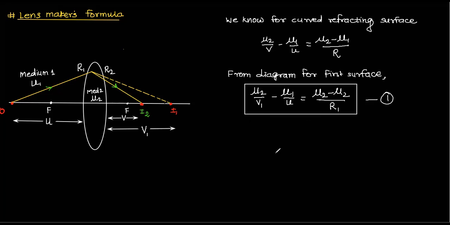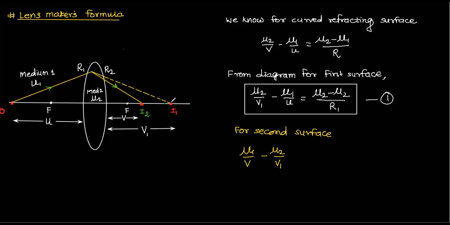Now next, for second surface, what we are getting is mu1 by v minus mu2 by v1, because now u is this v1, this image is formed.